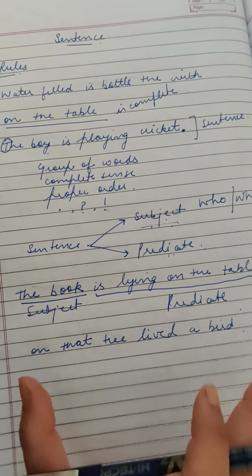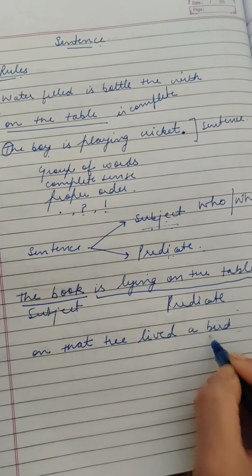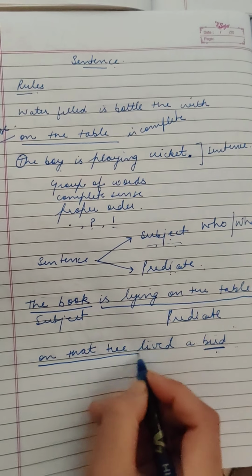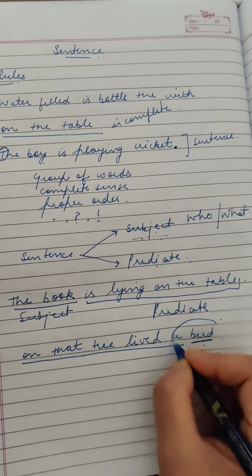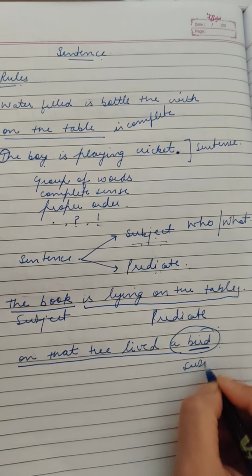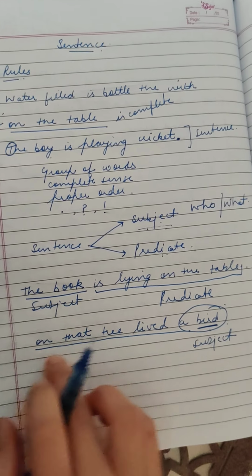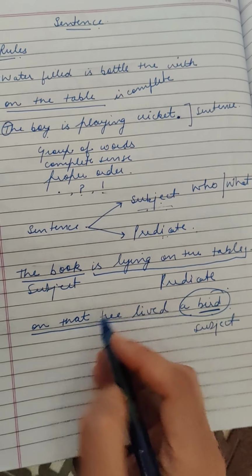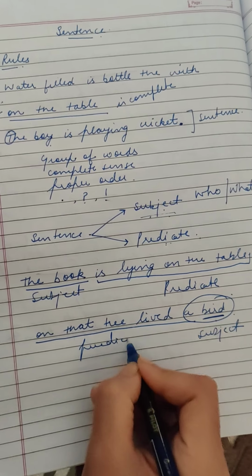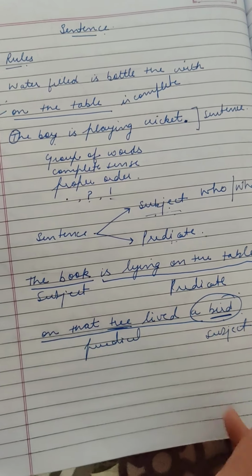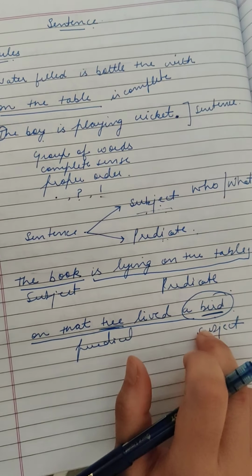Now, what am I talking about? I'm talking about the bird. And what am I telling about the bird? That it lived on that tree. So "a bird" is the subject because I'm talking about the bird. I'm not talking about the tree. I'm telling about the living area of the bird. So this is the subject and this is the predicate.